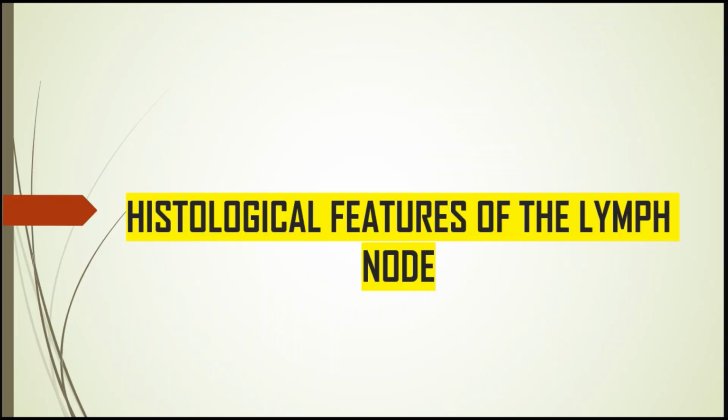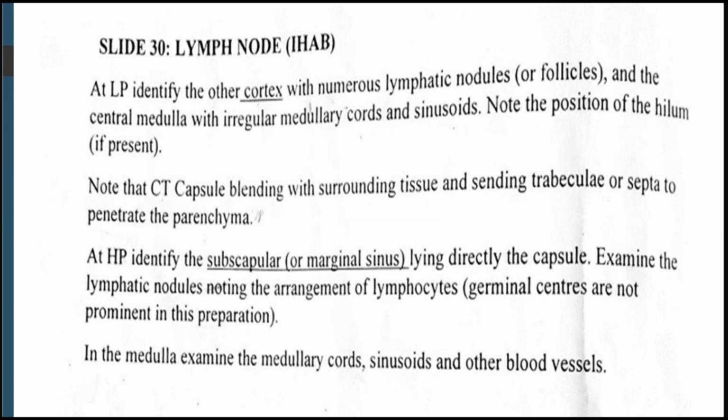Now let's look at the histological features of the lymph node. The characteristics you should look for are the cortex, which has numerous lymphatic nodules, and the central medulla with the irregular medullary cords and sinusoids.